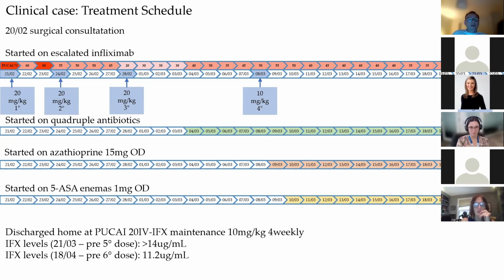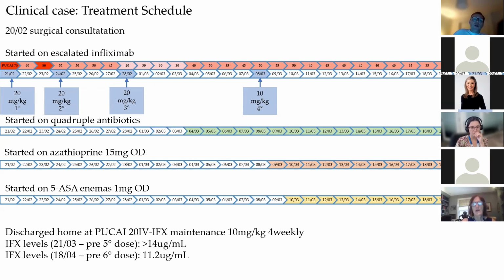We gave her very big doses of infliximab. So this was me supervising the initial dosing. You can see our first dose was 20 per kilo. 3 days later, the same dose. 4 days later, the same dose.